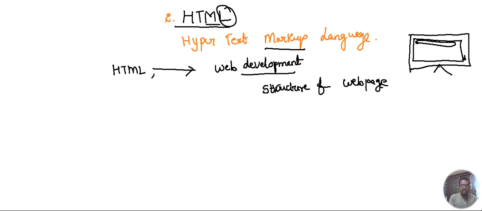And another one is CSS. CSS is cascading style sheet. CSS is represented as cascading style sheet.